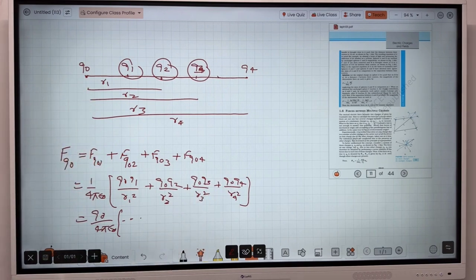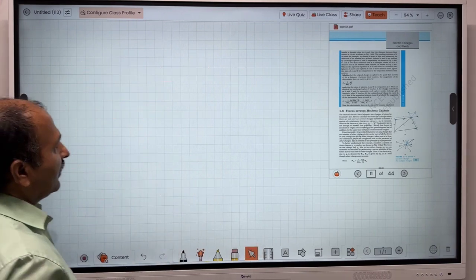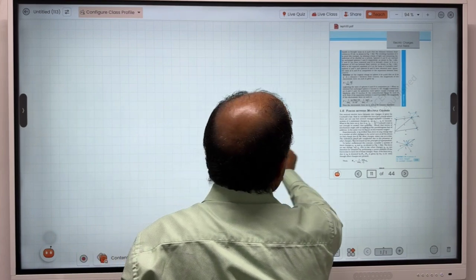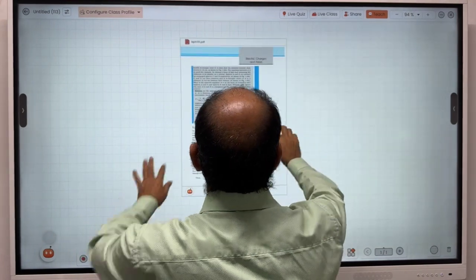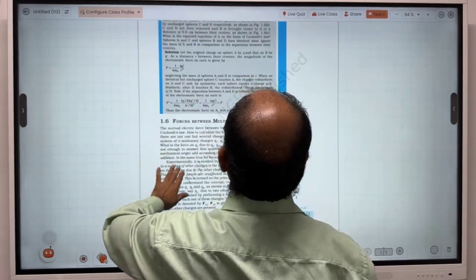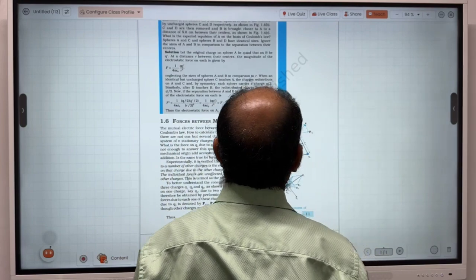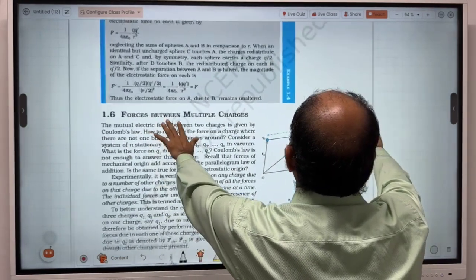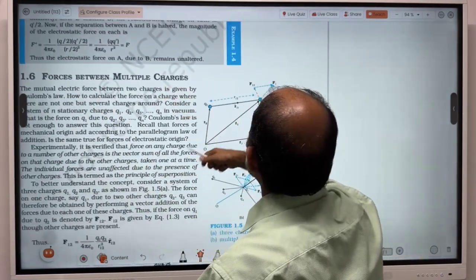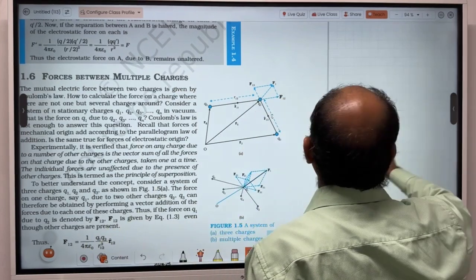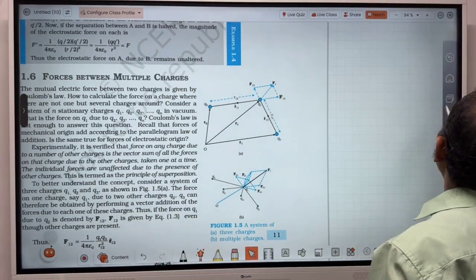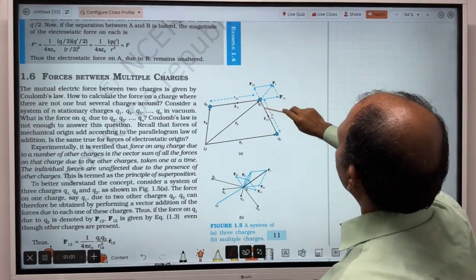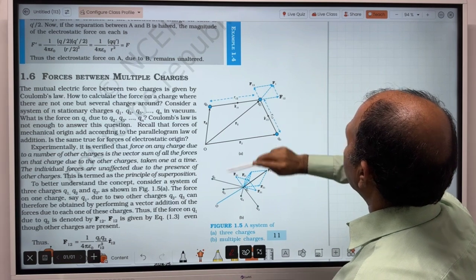The same thing is given here. Here, forces between multiple charges. In the diagram, if you observe here, suppose we want to calculate the force on this charge.